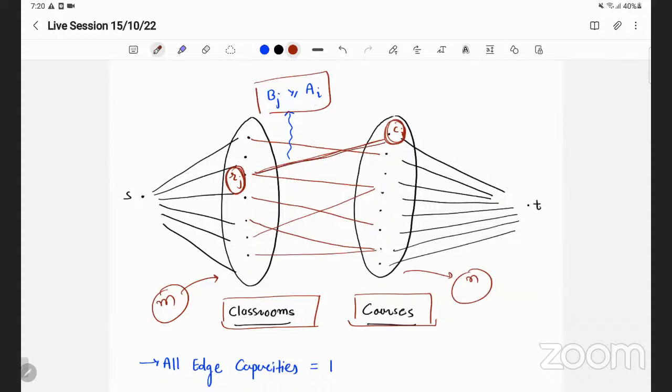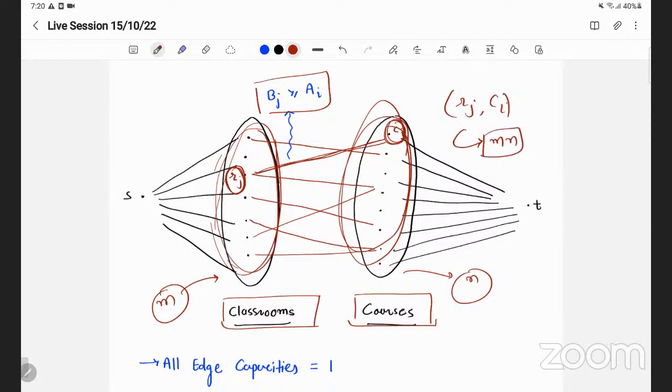This is for all vertices of the classrooms partition and all vertices of the courses partition, so all the pairs R_j, C_i. So there will be a total of m times n pairs. I will check if B_j is greater than or equal to A_i. If that is true, I will add the edge. So at max, there can be m times n edges between these two partitions.